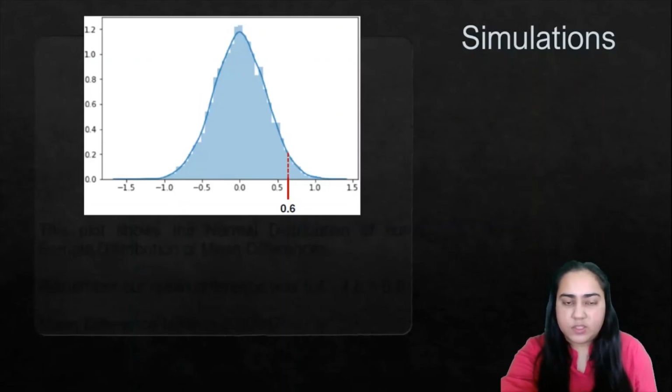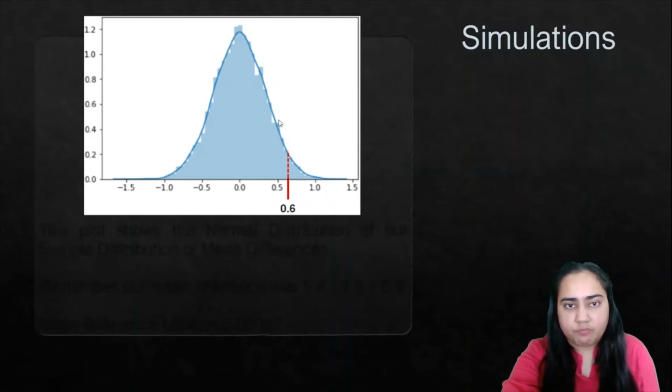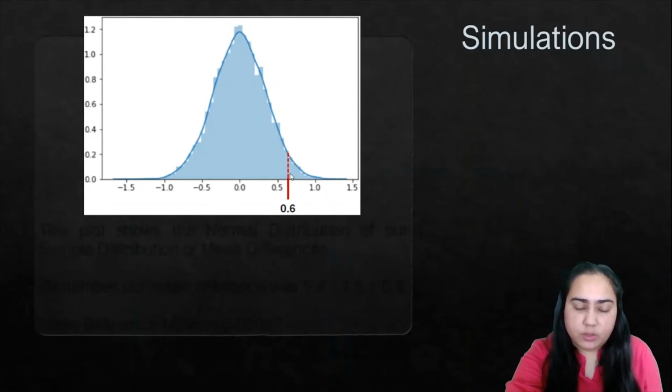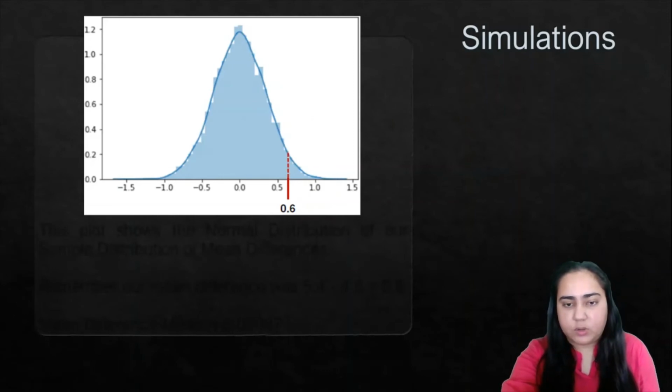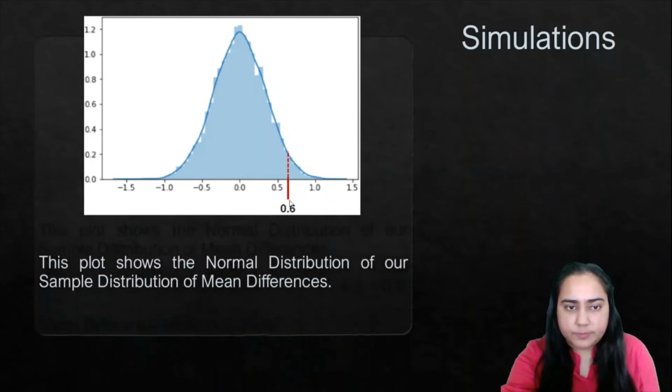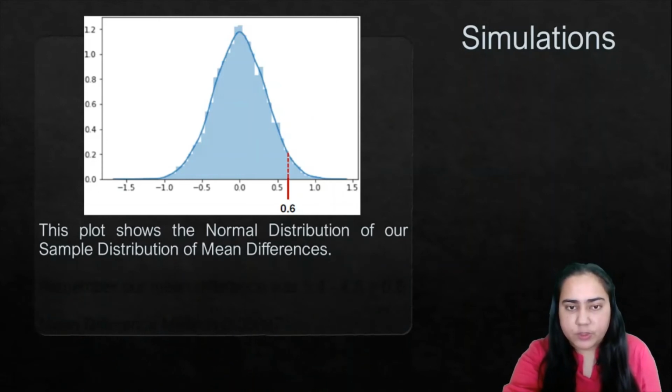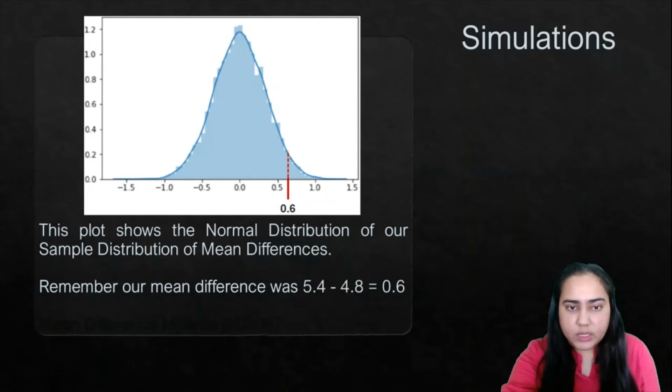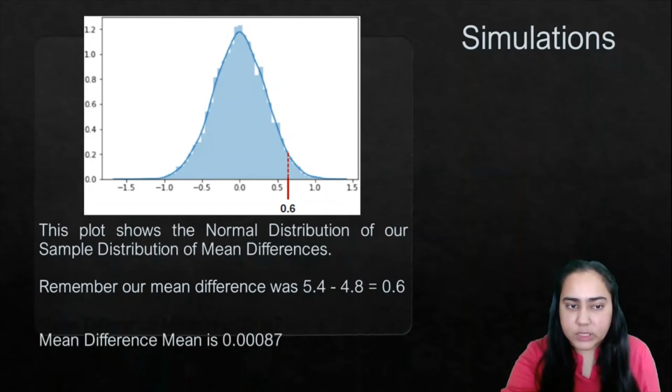So these are the simulations that we are running, and you can see this was the normal distribution graph that we created, and 0.6 was the actual difference between the control and experimental group right here. This plot shows the normal distribution of our sample distribution of mean differences. Remember that our original mean difference between the control and experiment group was 0.6.